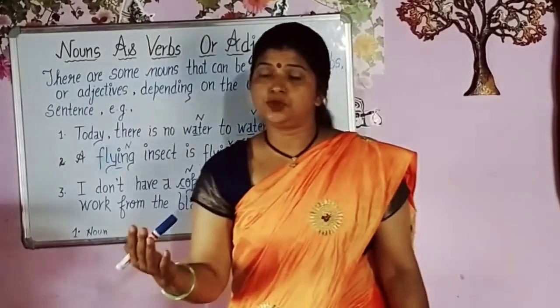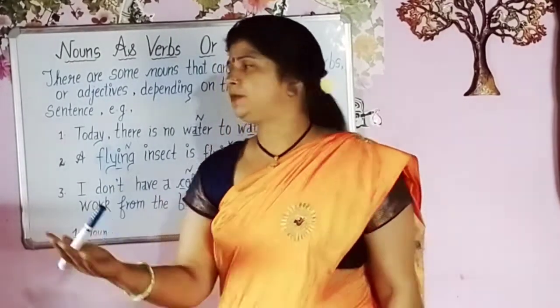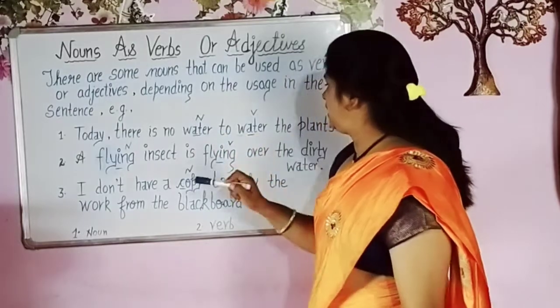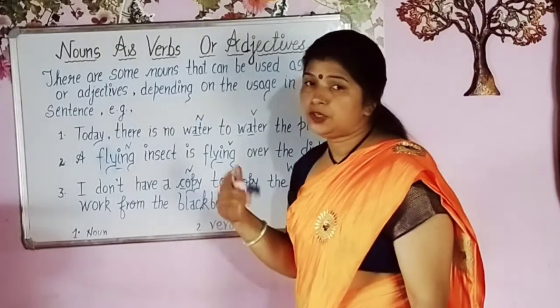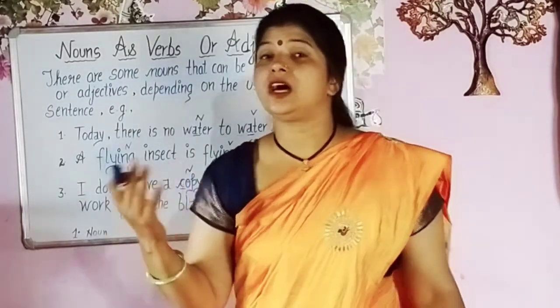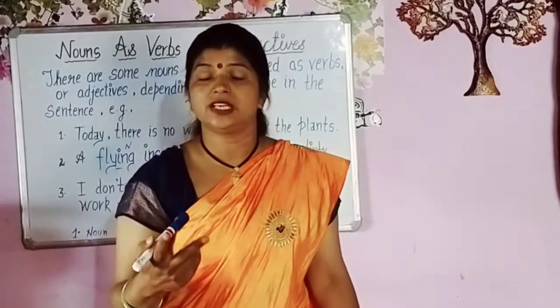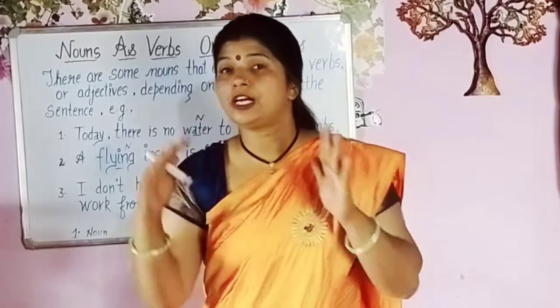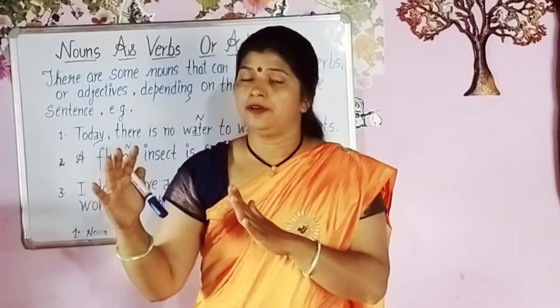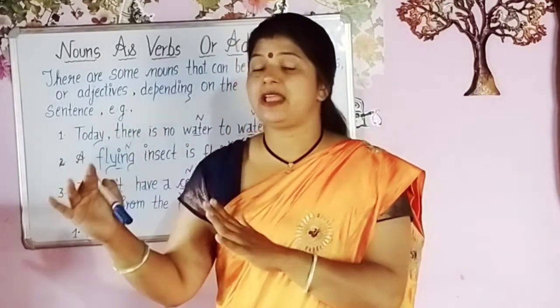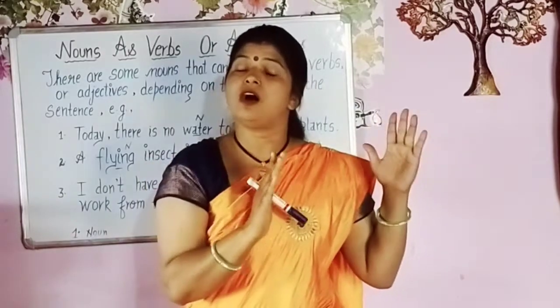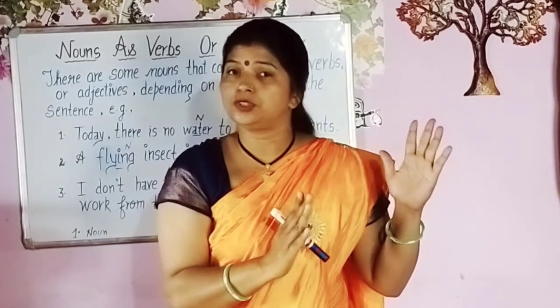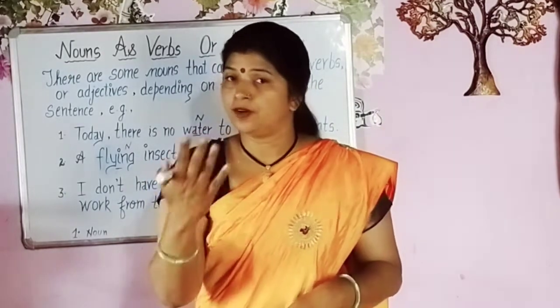So, my dear students, in all the above sentences, water, flying, copying, you are seeing that the term has been used twice, but what differentiation you are seeing in that? The first one is the noun, that is the naming word, and the second word which is used twice is your verb.